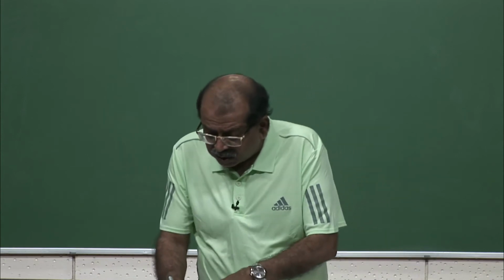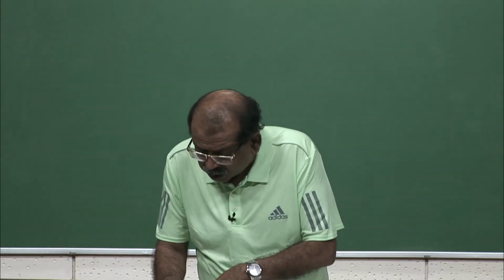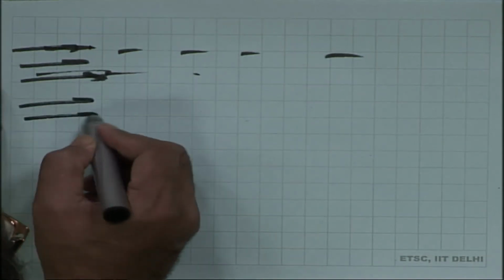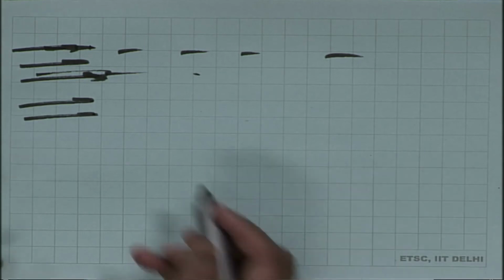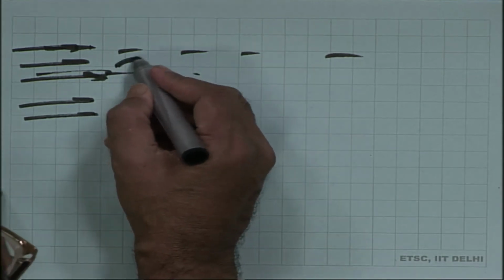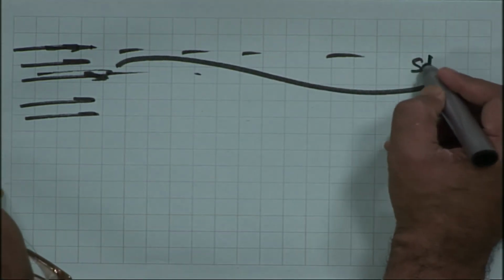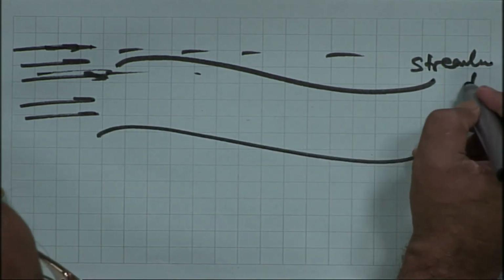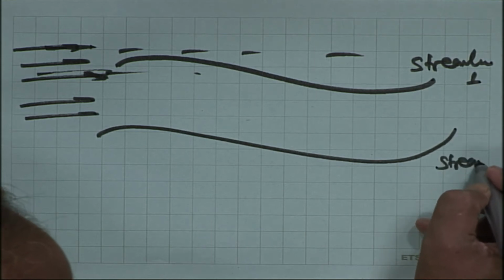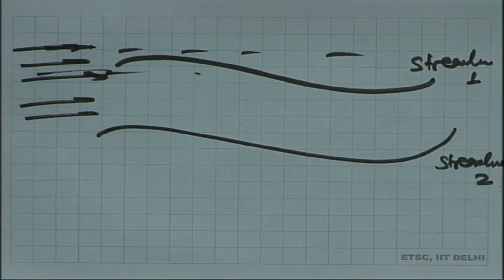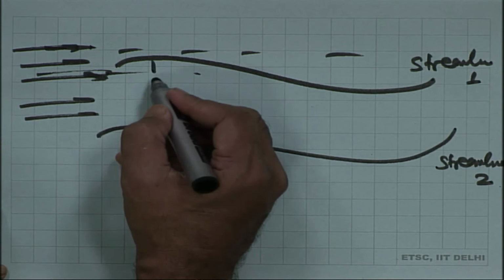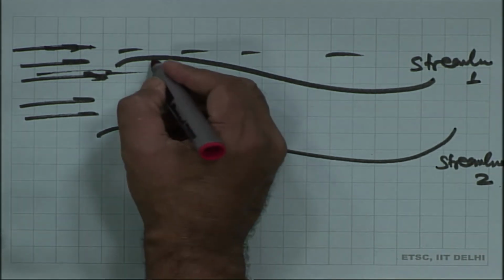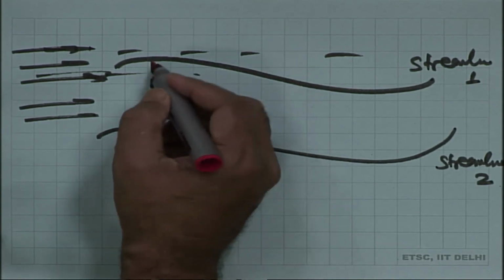But let us look, suppose we have flow of fluid, this is just fluid which is flowing, and I choose a streamline in the fluid. I choose streamline 1 and streamline 2, and I choose my control volume which is engulfed between the two streamlines.